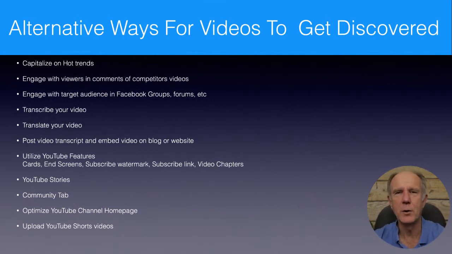On your channel homepage, I think you can have up to 10 different sections. So I recommend using all those sections and then put your best playlists at the top, and think about what your viewers would like to watch most.